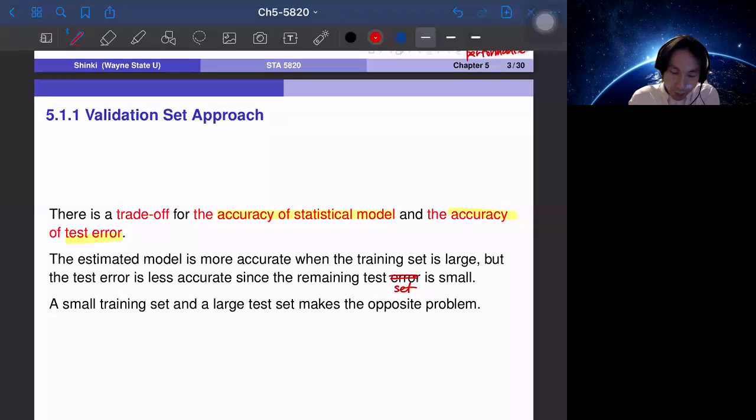Or if you make the training set smaller, then estimation is not accurate, but we have many observations to test, so the test itself is more reliable.